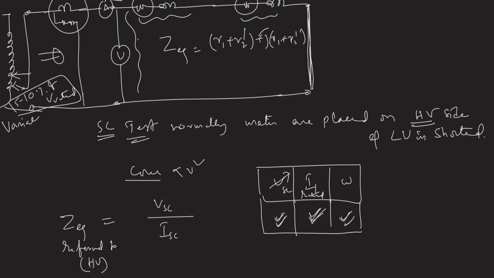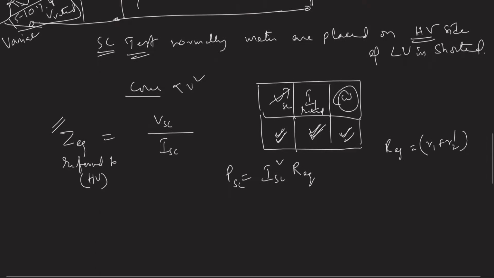So this ratio gives me the total impedance, and from power calculations, the short circuit power is consumed in the short circuit current square times R equivalent, where R equivalent is R1 plus R2 dash.